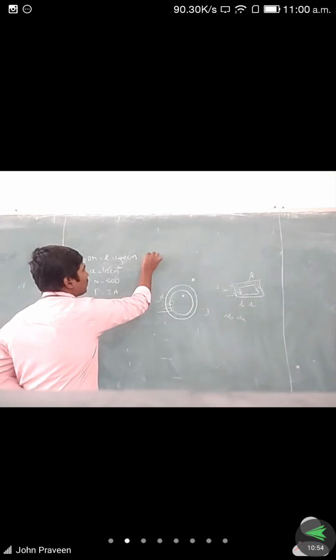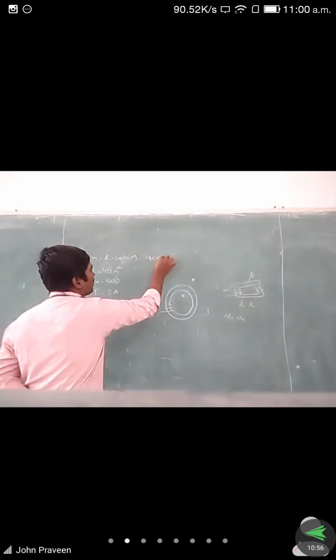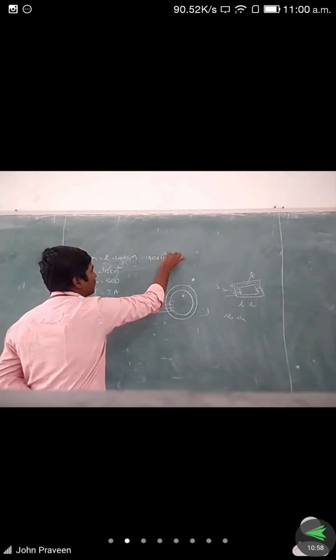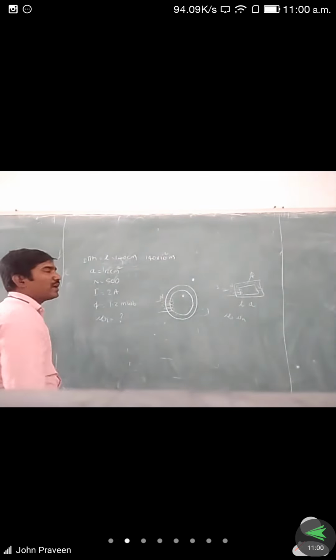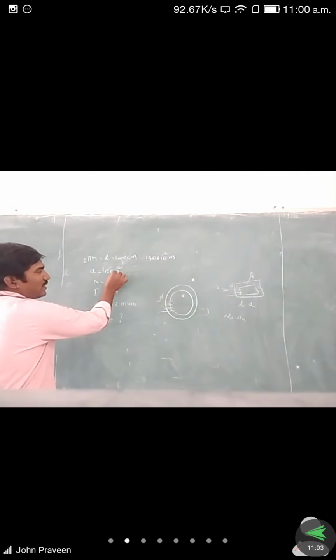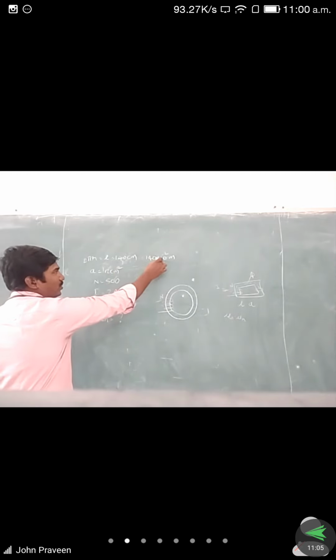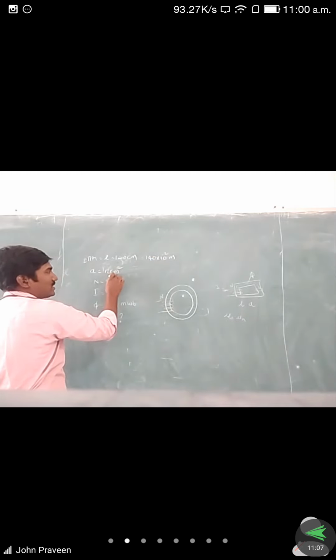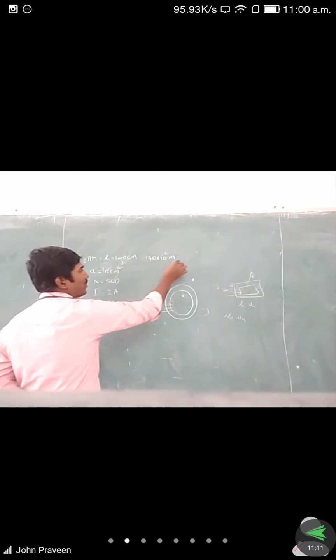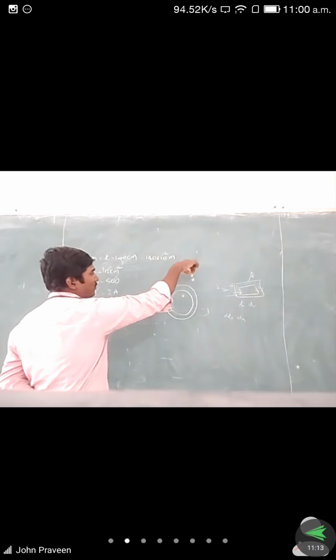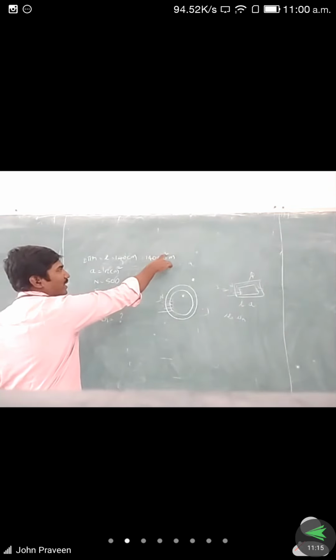That is nothing but 140 into 10 to the power of minus 2 meters. That is the value we obtained here. For centimeter square, actually 10 to the power of minus 2 converts centimeters into meters, but there is a square applied, so 2 square is 4. So instead of 10 to the power of minus 2, we get 10 to the power of minus 4.